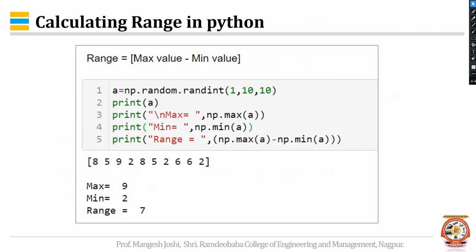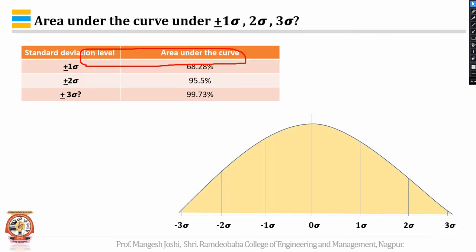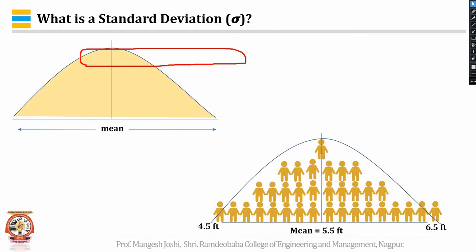Next measure is range. Range is nothing but the maximum value minus minimum value in the dataset. So if you go back to this diagram, suppose maximum height is 6.5 feet and minimum height in the class is 4.5 feet.